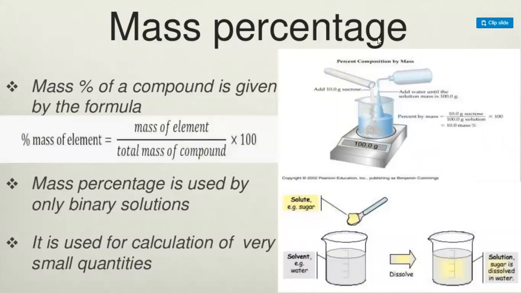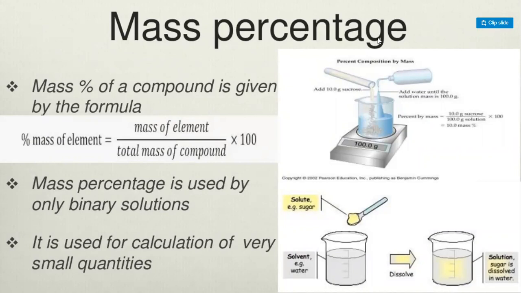So let's begin with mass percent. The mass percent of a compound is given by the formula: mass of element upon total mass of the compound, times 100. This is the formula by which we find the mass percentage.